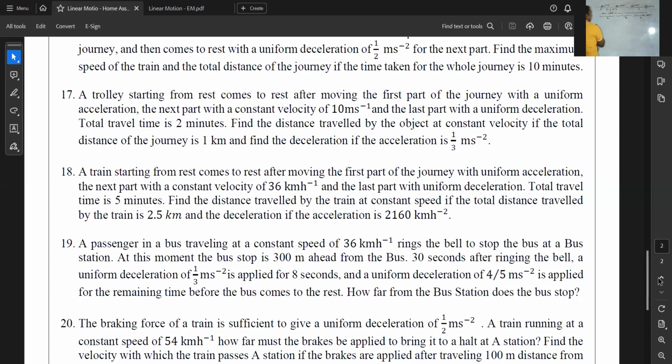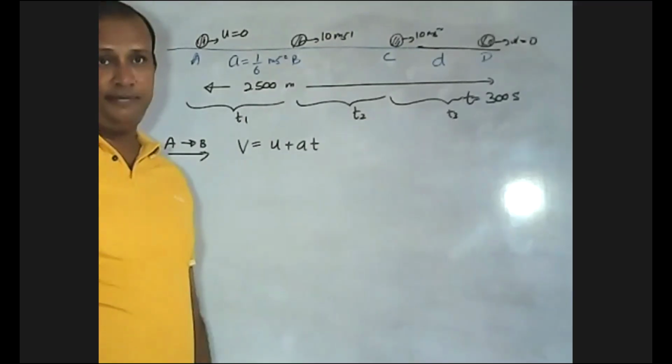Using V equal U plus AT, because we know V, we know U, and we know A, we don't know time.